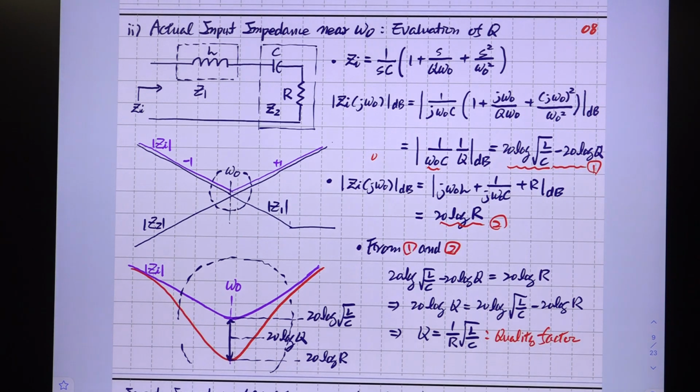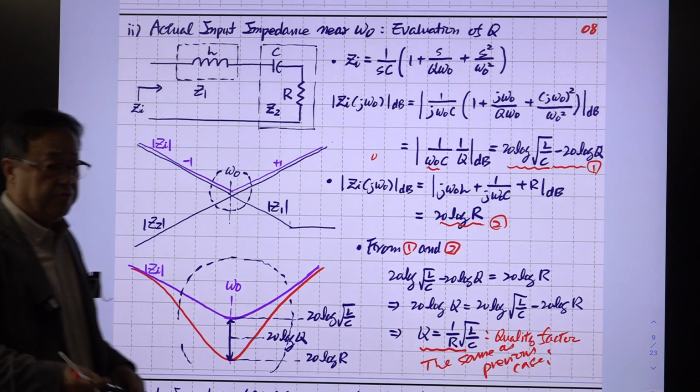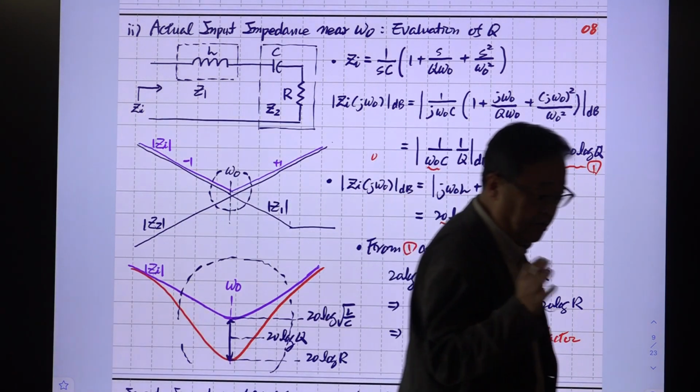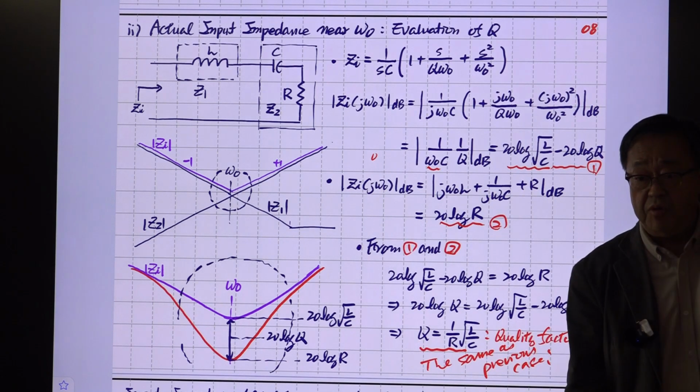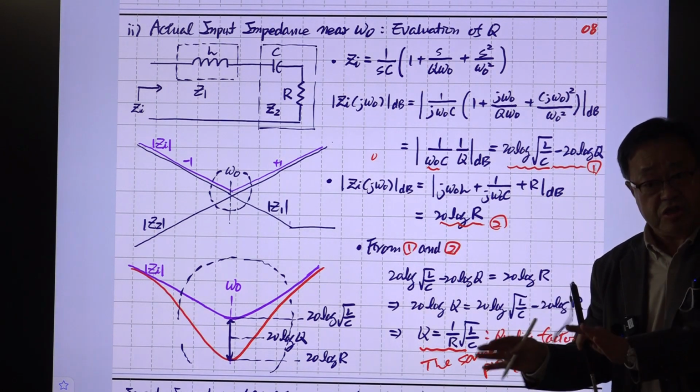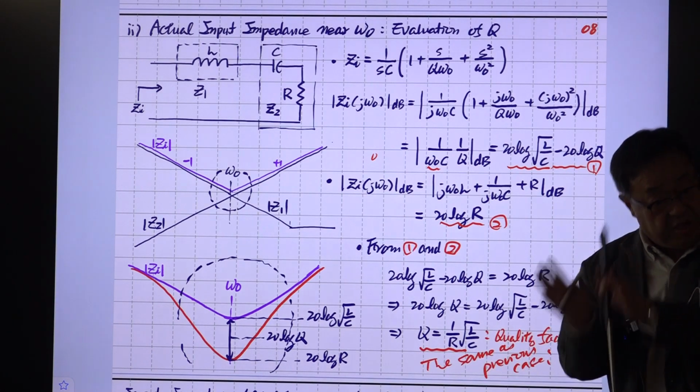So we have the same expression, Q is the same as the previous case. All right? So all the Q defined in different textbooks, they are the same. They mean the same thing. The very original definition is the ratio of energy stored and energy dissipated.